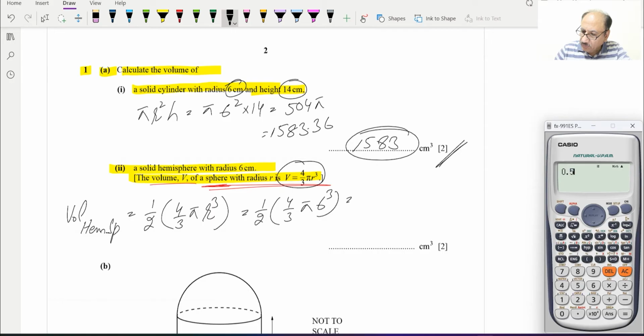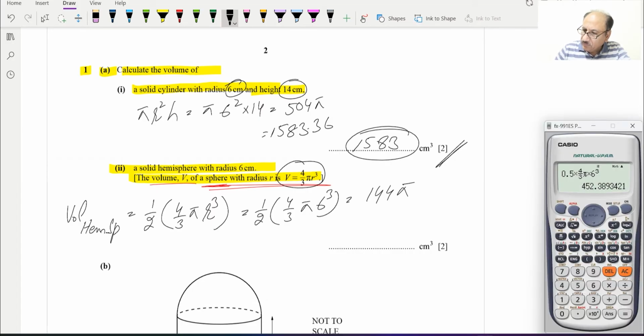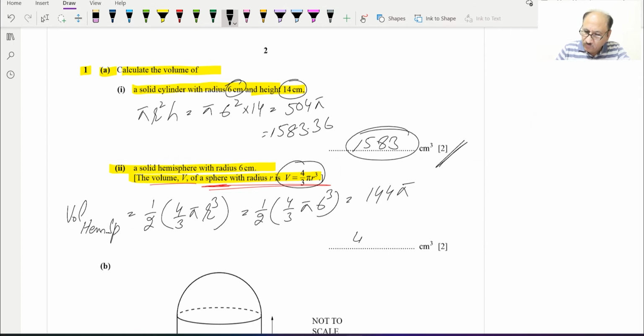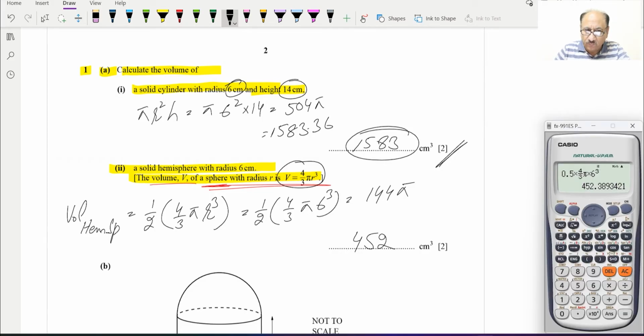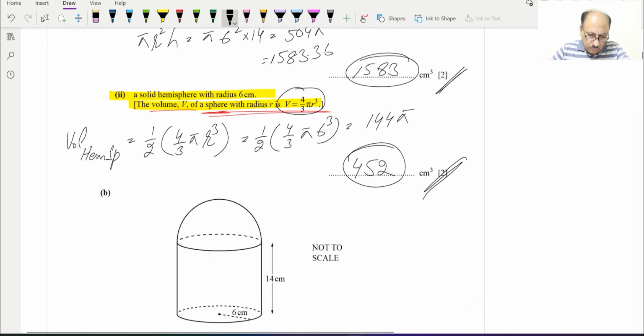This will be 0.5 into 4 over 3, multiplied by pi and also by 6 cubed, and this will be equal to 144 pi, and the decimal answer will be 452.38. So 452 will be our rounded answer, and this is for 2 marks, which is done.